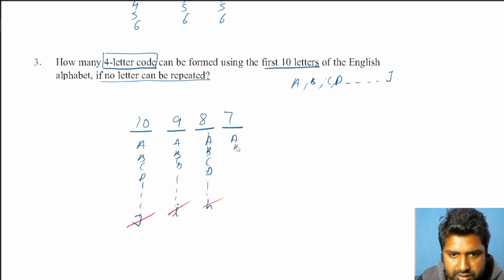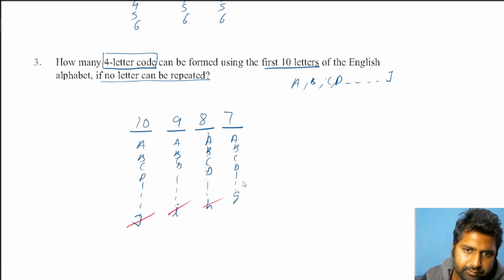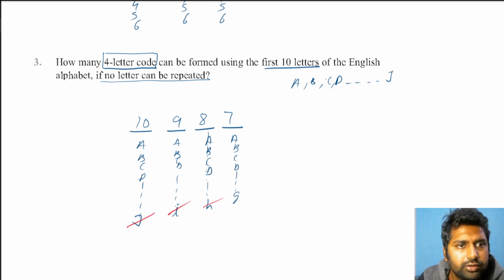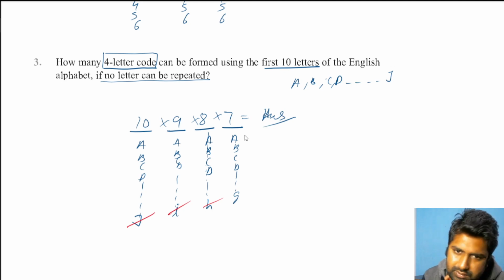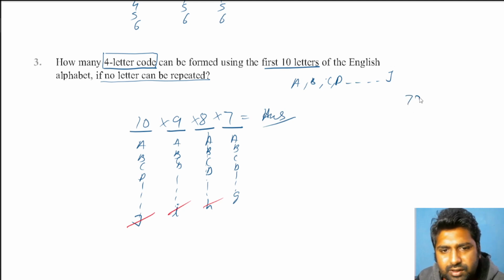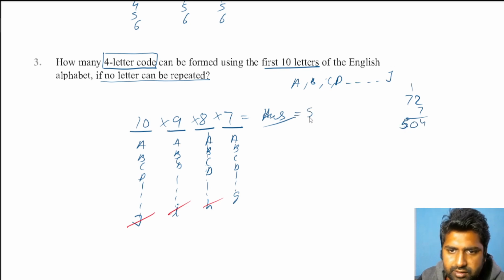And lastly A, B, C, D up to G. So 10, 9, 8, 7. Just multiply them, you'll get the answer. Simple as that. Let's multiply: 72, 7, 14, 504. So basically 5040.